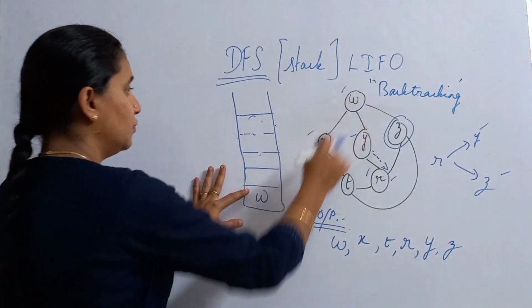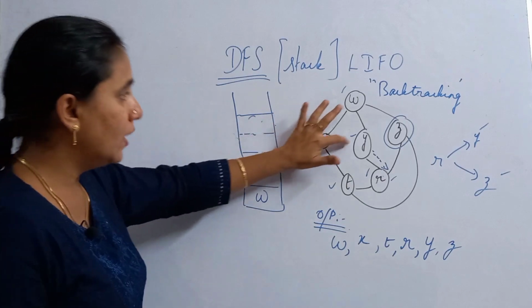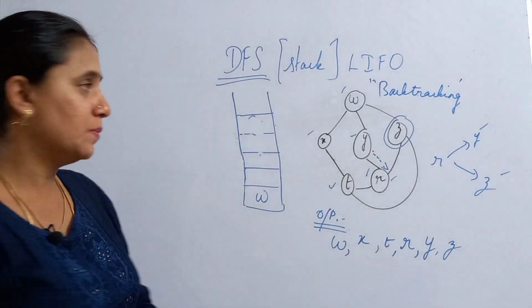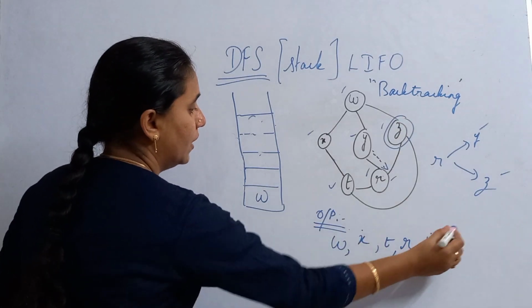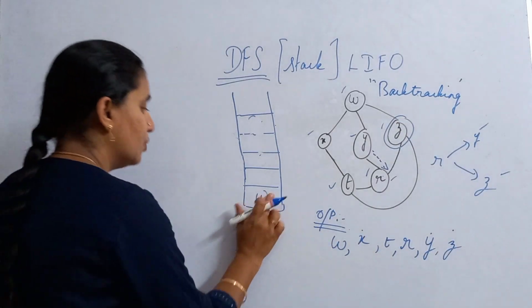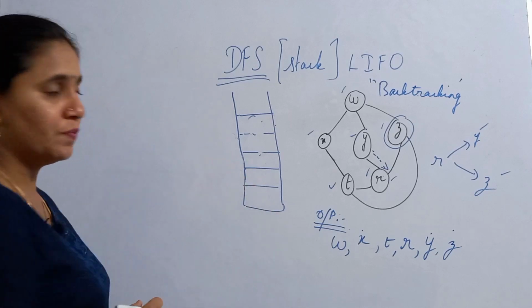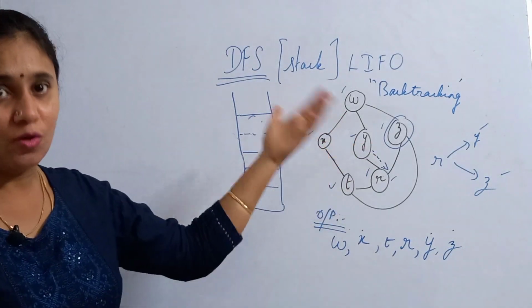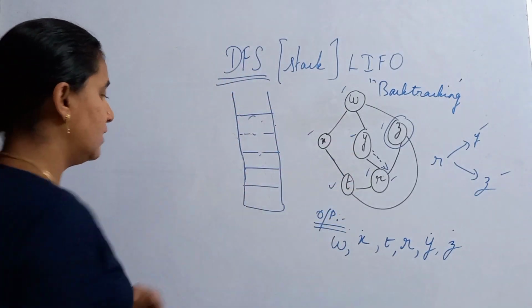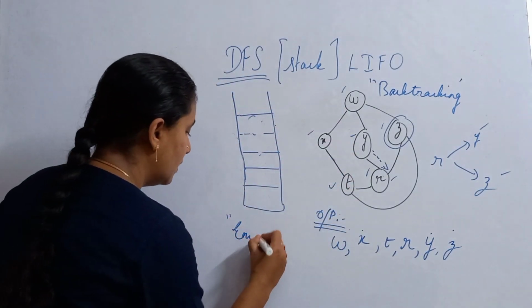From W, X, Y and Z are the three adjacent elements, and all of them are visited. So you can pop off this W also. Finally, after checking whether all the elements have been visited, the stack data structure will be empty at last.